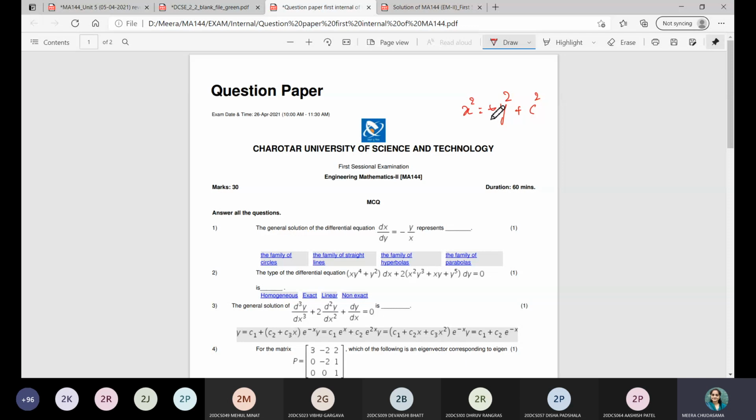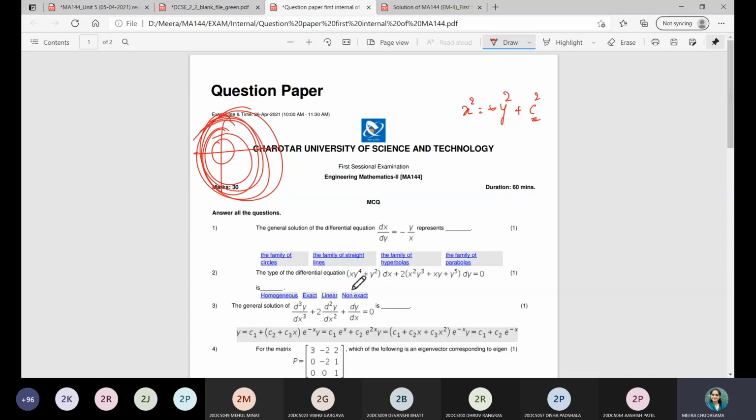So in that case, this will represent a circle with radius plus or minus c. So as you allow c to move from 0 to infinity, whatever number you take, you will get all the smaller to larger circles. So this will represent a family of circles.